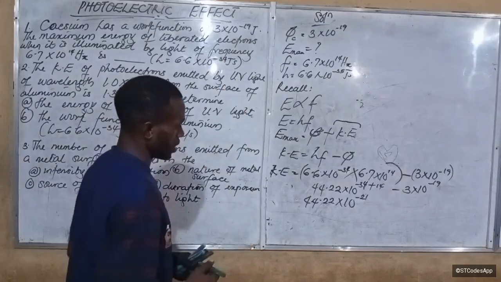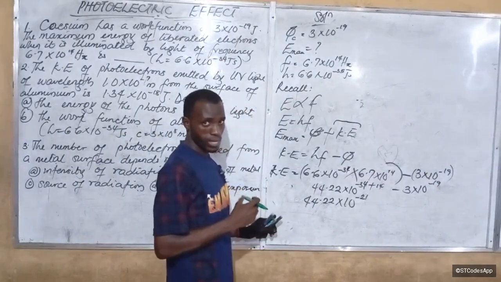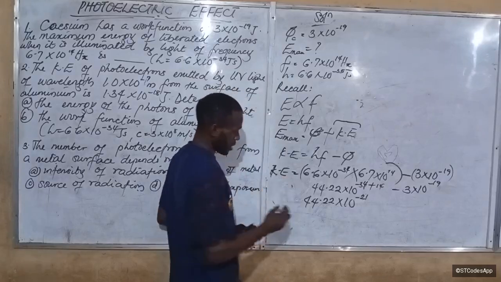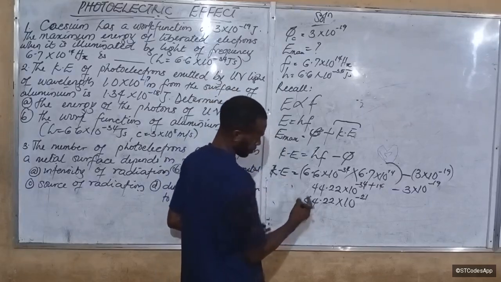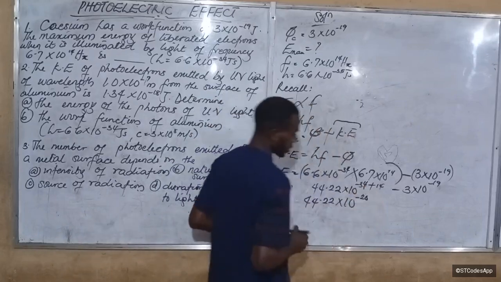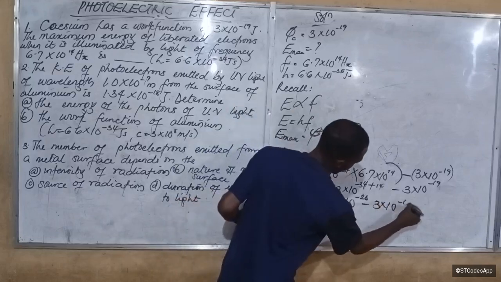Well, the textbook that I got the question from used the 35, or maybe it was my own mistake anyway. So if this is 34, this would be 20. So minus 3 times 10 to the power minus 19.